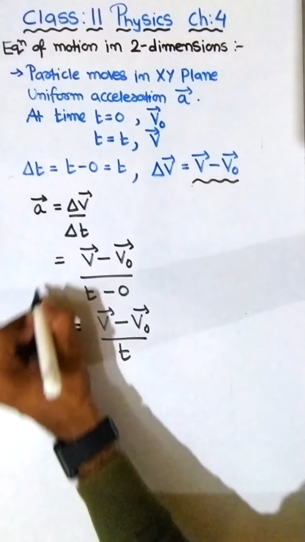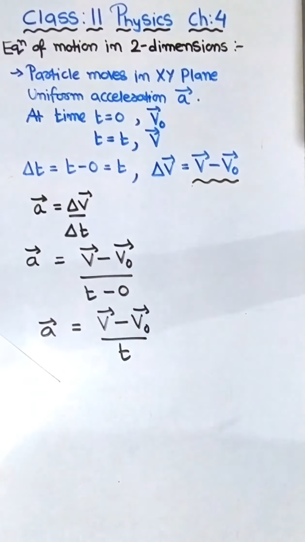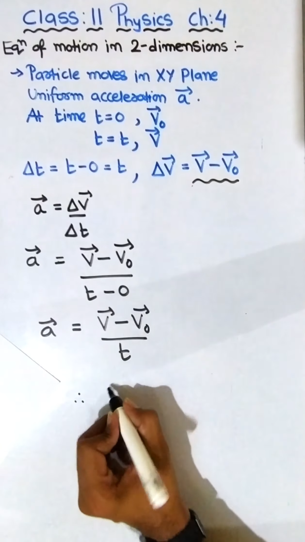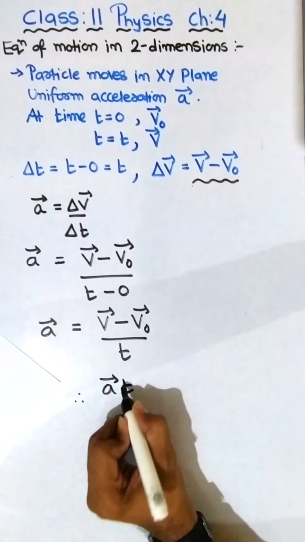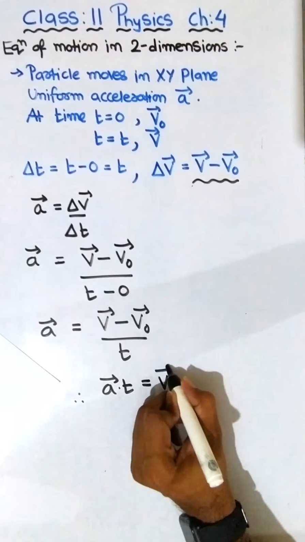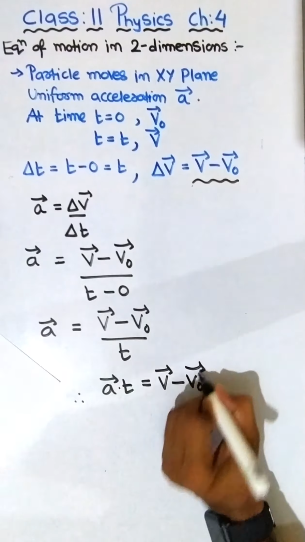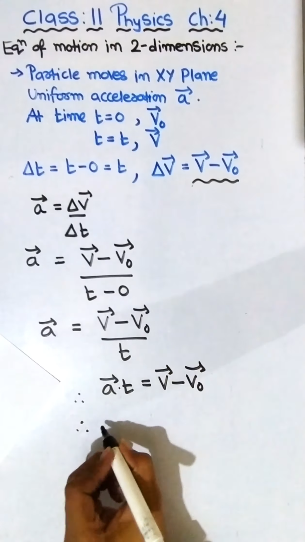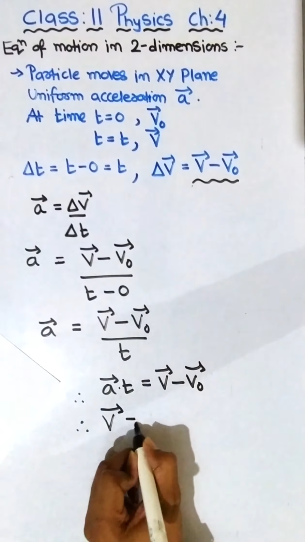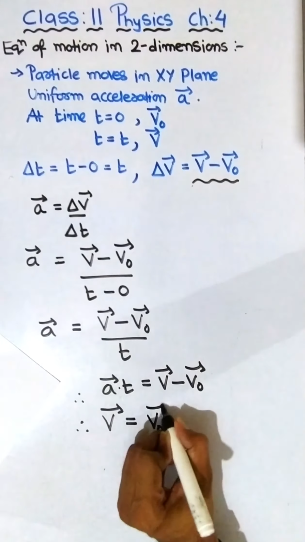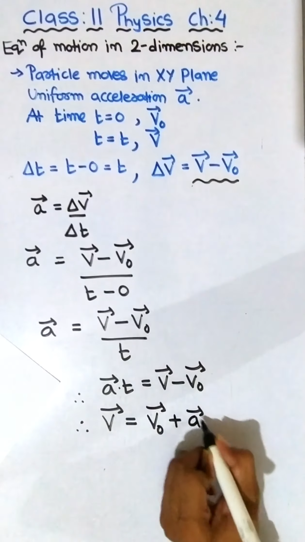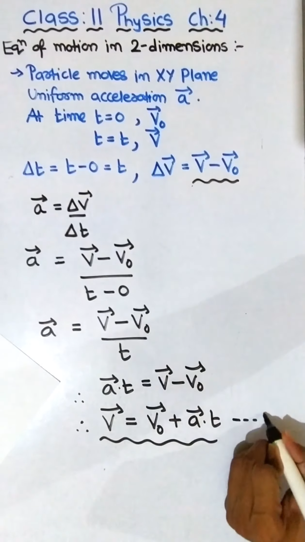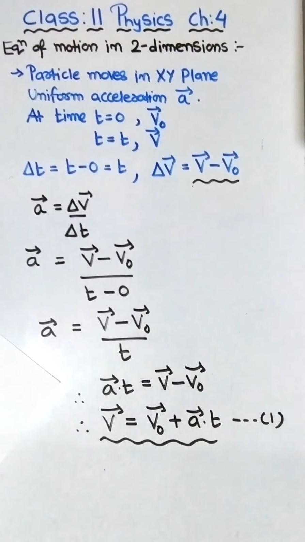Now if you cross multiply it, it will become a into t equals v minus v0. Changing the position of a few components, we will have the final equation v equals v0 plus a into t. So this is our equation number 1, equation of motion.